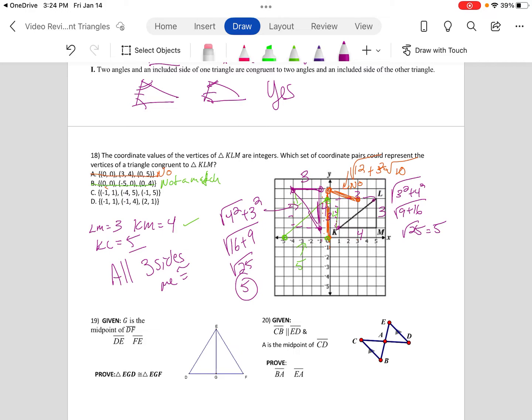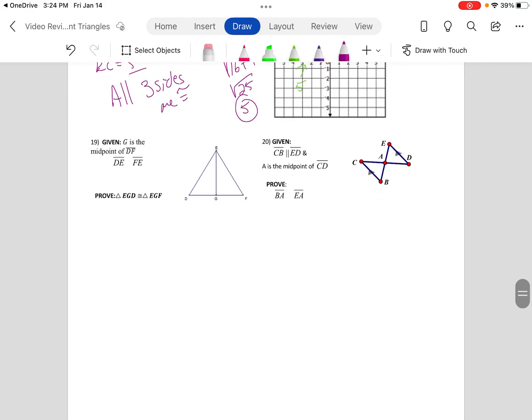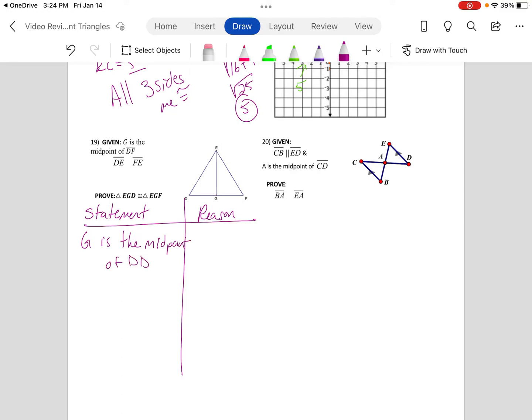All right, last but not least, proof. I'm just going to go through this step by step. So the first statement is G is the midpoint of DF.